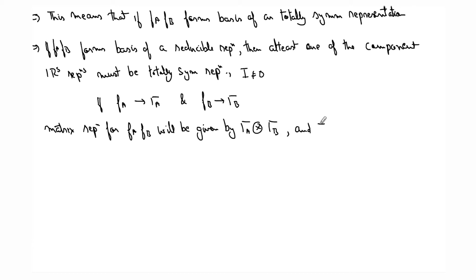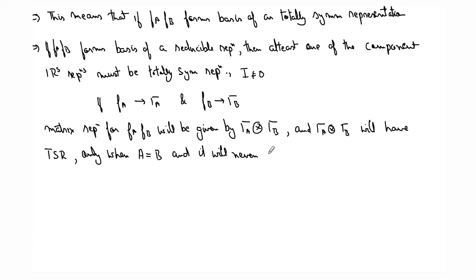And tau A tau B direct product will have totally symmetric representation, TSR, only when A is equal to B, and will never contain a TSR when A is not equal to B, right?